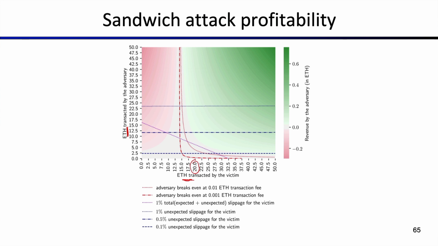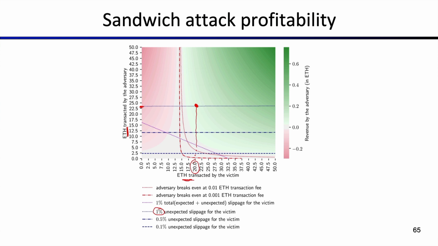You have set a slippage protection of, let's say, 1%, right? Which seems to be one of the default options in the Uniswap UI. Then you can see here that the adversary would need a little bit more than 22.5, probably 23 Ether, to attack the victim. And what's interesting is that here we are in the green area.